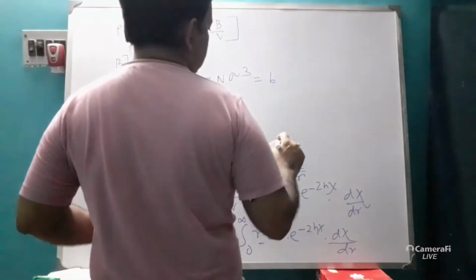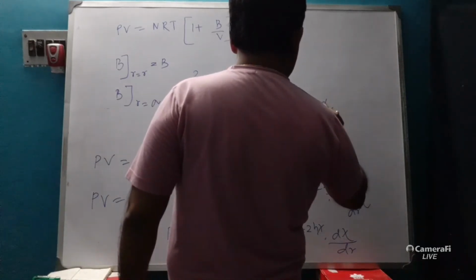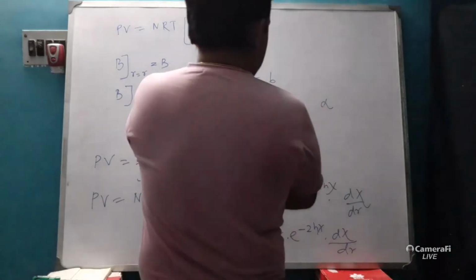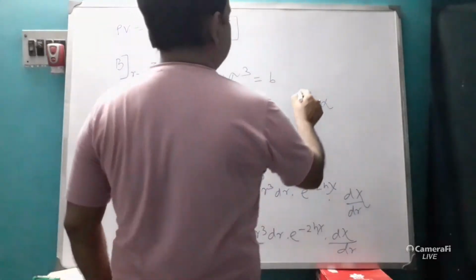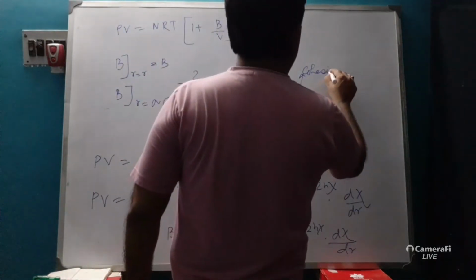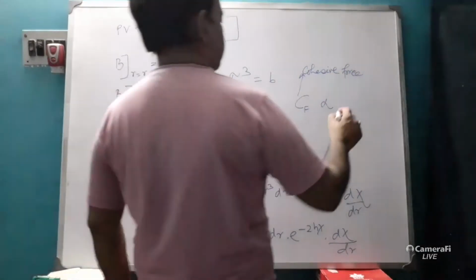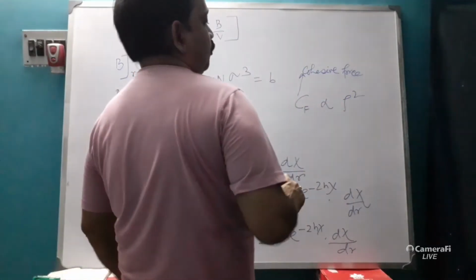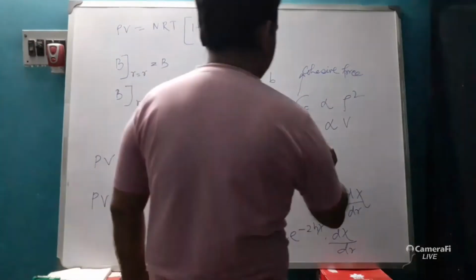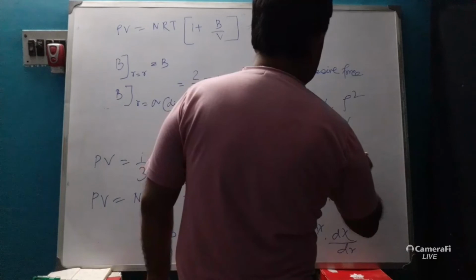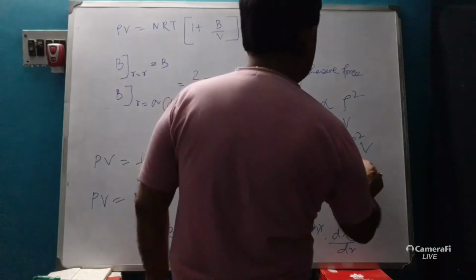Now it has been found that the cohesive force CF is proportional to the density square of the gas and the volume of the gas, so CF can be taken as K rho square V, where K is a constant.